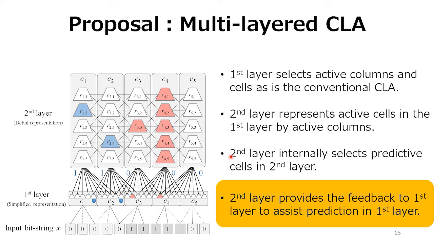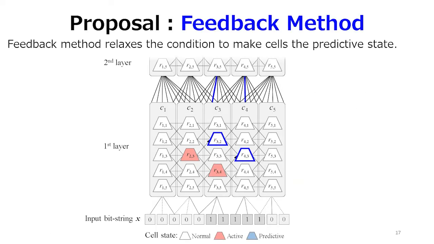Also, second layer internally selects predictive cells in second layer. Then, second layer provides the feedback to first layer to assist prediction in first layer. We propose feedback methods in this work.